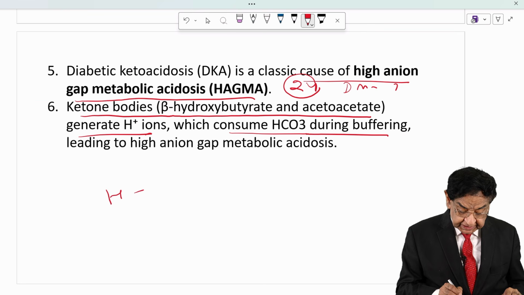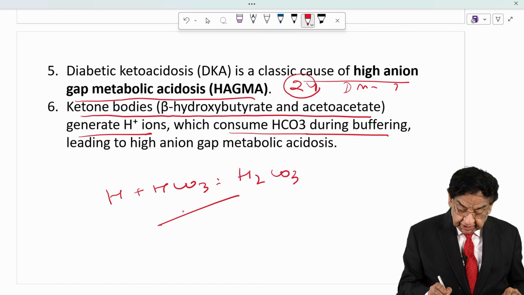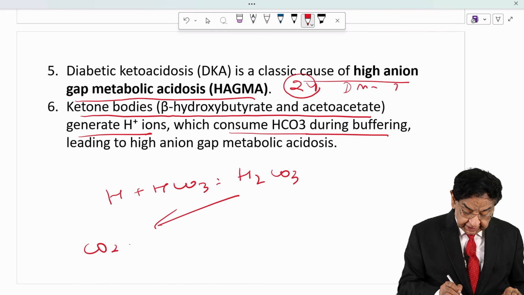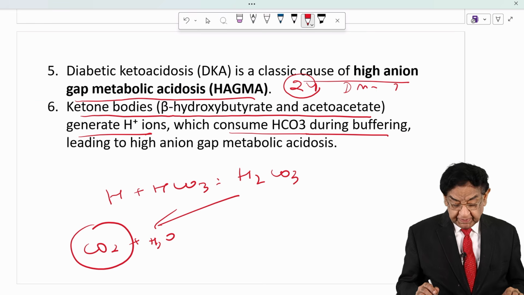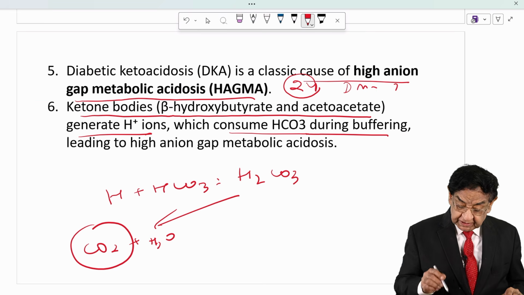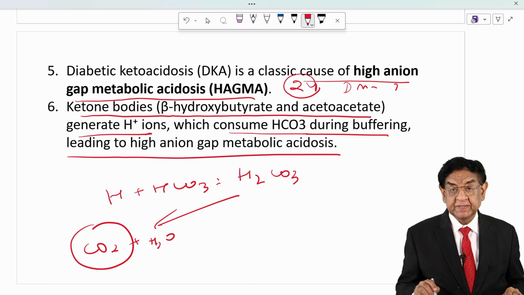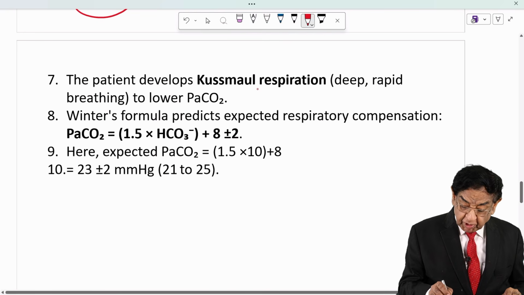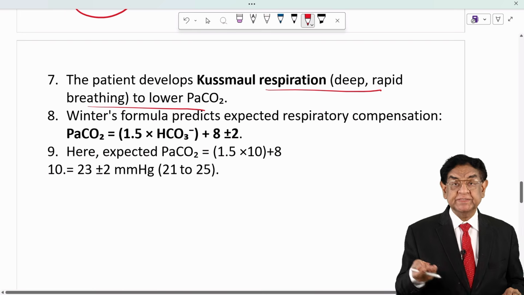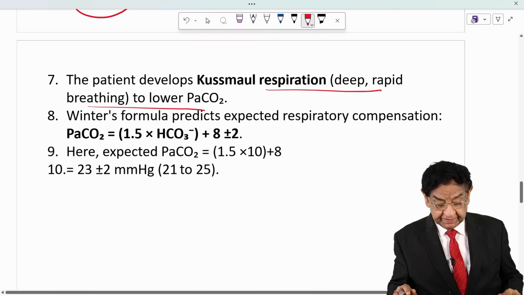That means H plus HCO3 makes H2CO3. This is broken down into CO2 and H2O, and that is washed out in rapid breathing. This is how bicarb is reduced, leading to high anion gap metabolic acidosis because of low bicarbonate. The patient develops deep rapid breathing to lower PaCO2.